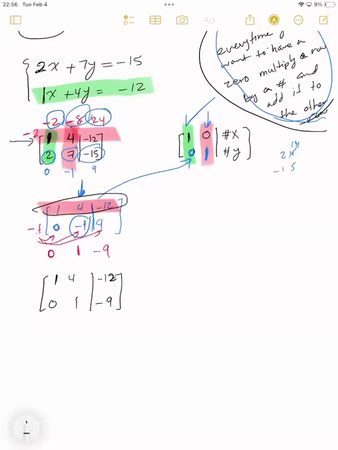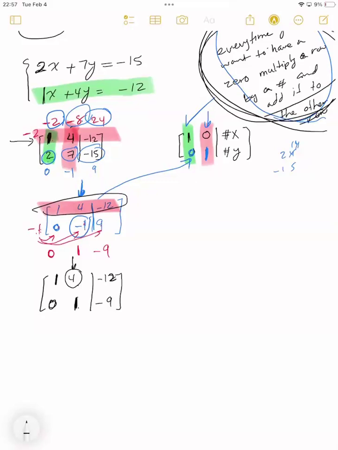Now that column 1 is fixed, I'm working on column 2. When I went to column 2, I wanted to have a 1, and I did get my 1. And now I want to turn 4 to 0. Remember, when we want to get things to 0, we have to do this operation.